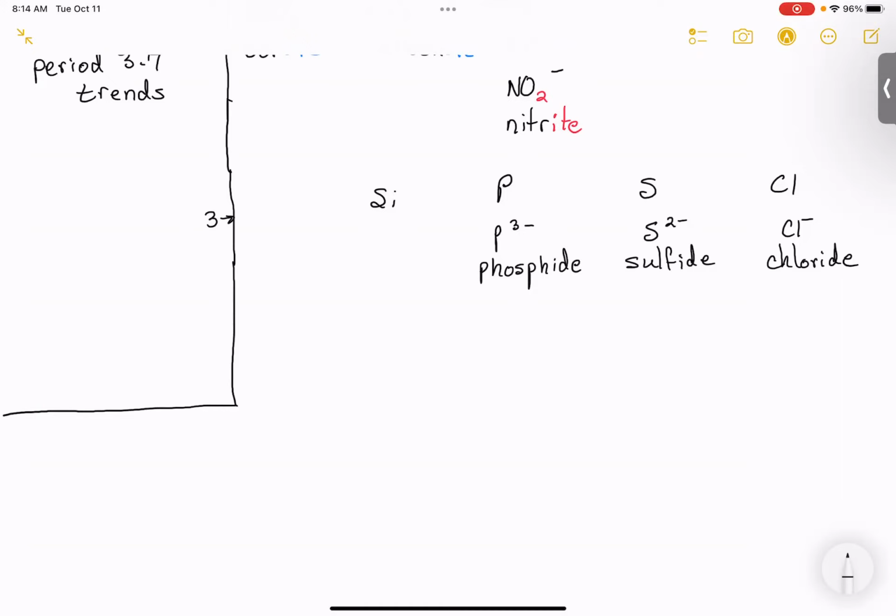Now for our polyatomics. What do you notice?